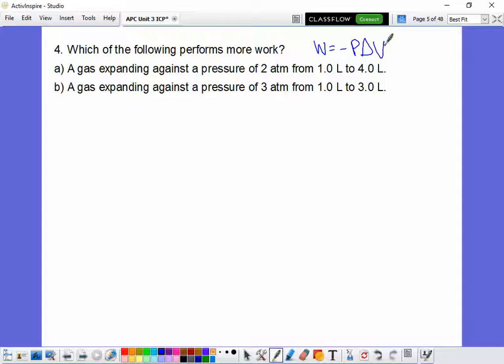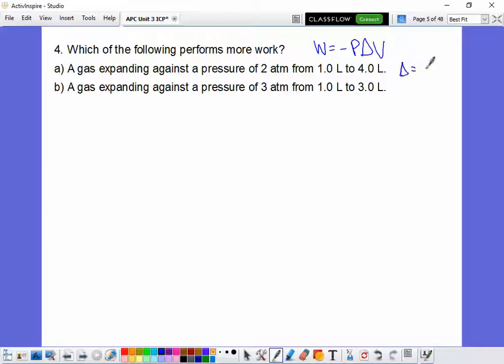Okay? Now, to calculate work, we have this formula. And this was in your guided notes. Work equals negative P delta V. Now, something to keep in mind. This is the first part of the year where we're actually seeing the delta, the change symbol.